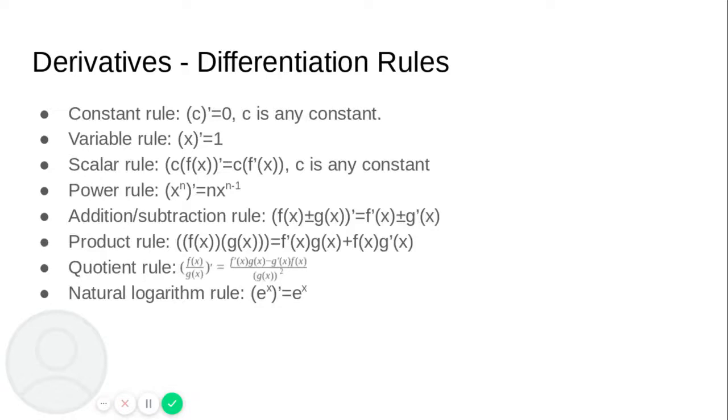The quotient rule is somewhat similar, so if you have f of x over g of x and you want to find the derivative of that, then you would just find the derivative of f of x multiplied by g of x, subtract the derivative of g of x times f of x, all over g of x squared.